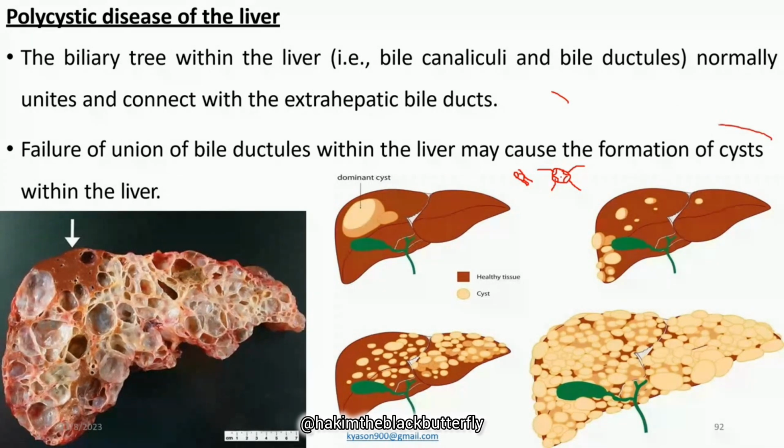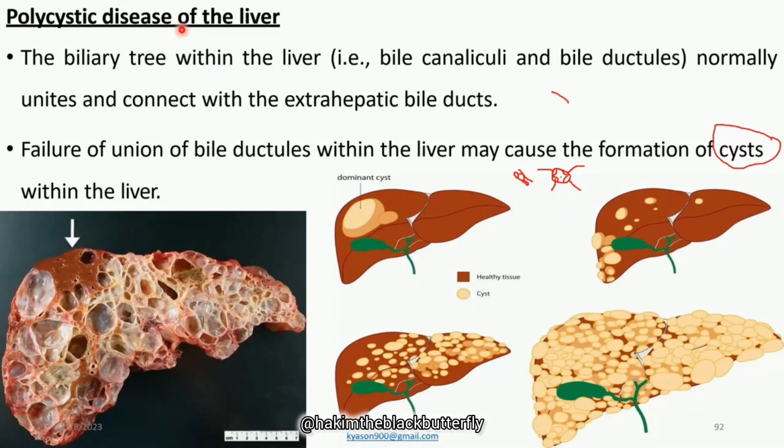These cysts are going to be in different parts of the liver, and of course, too many cysts can result into reduced functionality of the liver. This condition is congenital. There is also genetic predisposition to this abnormality. Okay, and of course it occurs because of some types of mutations. There are certain genes that can be mutated, genes that normally allow normal development of the intrahepatic bile ducts.